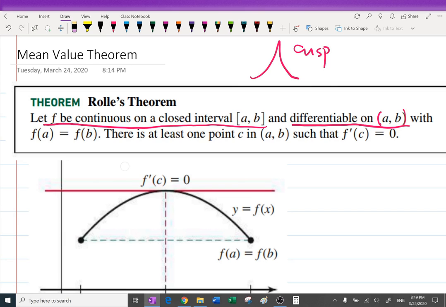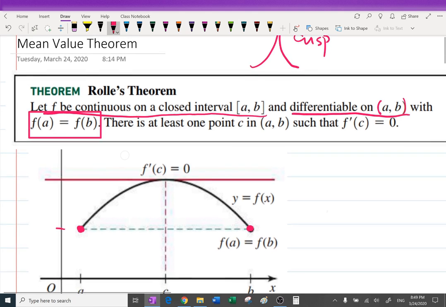And also it has an interesting quality, which is shown here. f(a) matches with f(b). On the graph, it looks like this. We started at this height, f(a), and we ended up at the same height, f(b). So we can imagine that this is a hike.